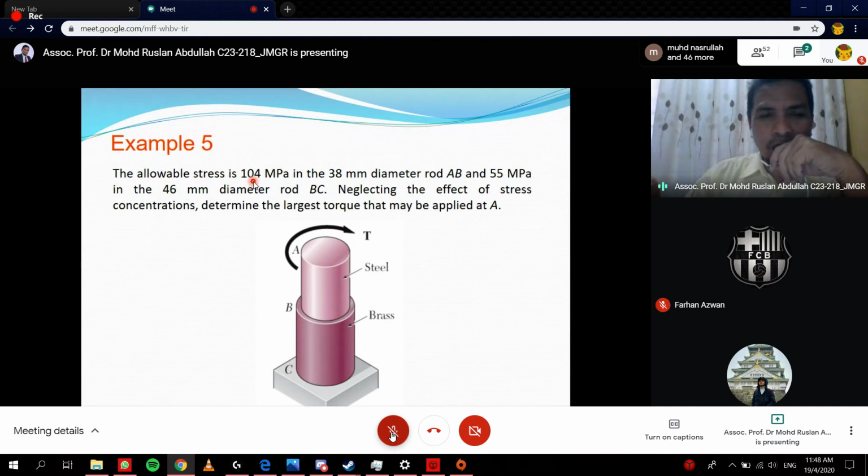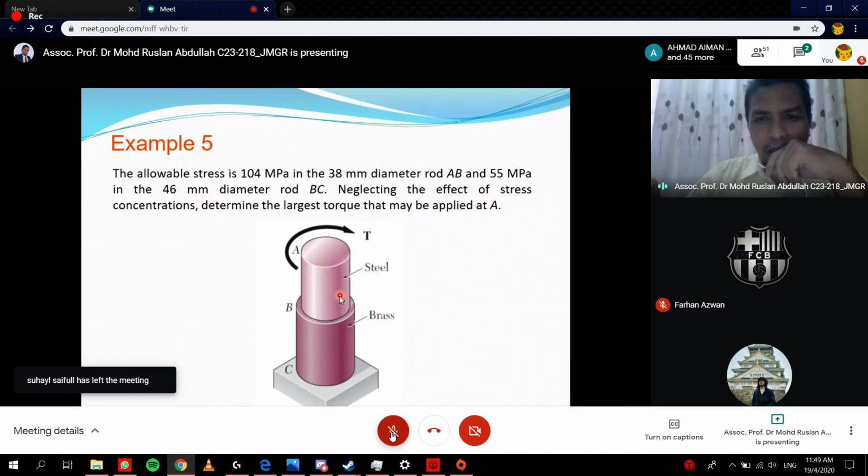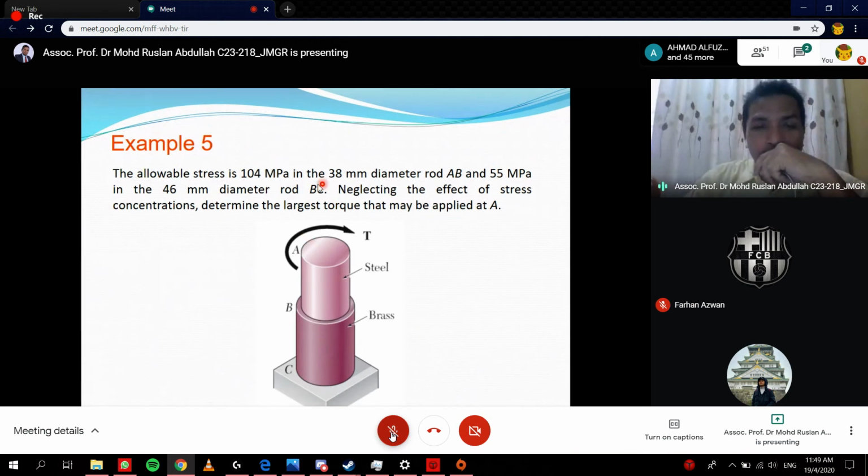The allowable stress equals 104 megapascal for the top part, section AB, which is 38 millimeter, and BC is 46, with 55 megapascal for the bottom part.